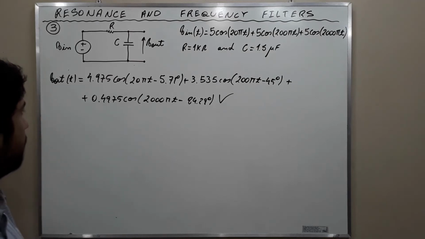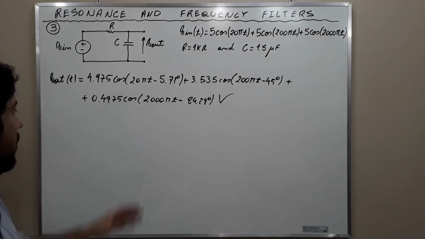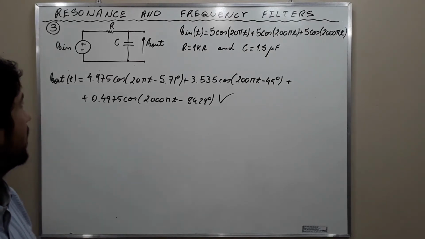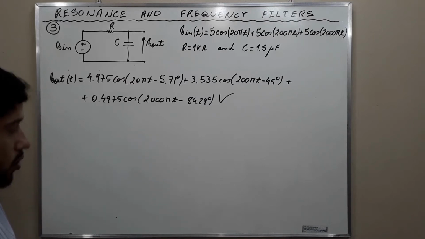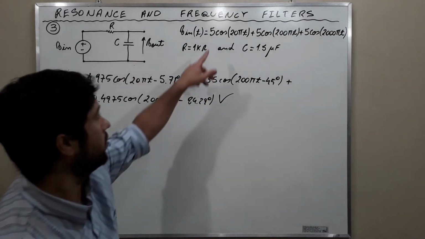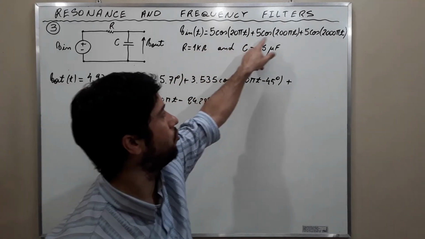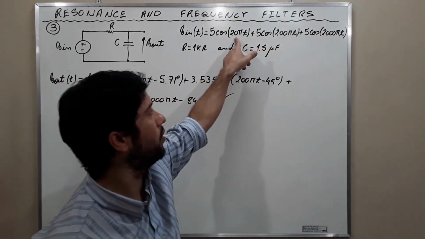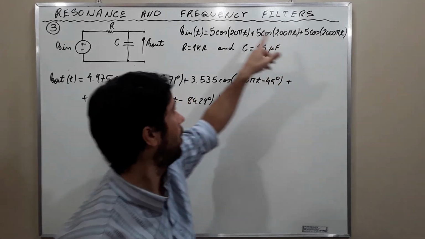Okay, my friends, this is the result of exercise 3, and notice the conclusion that we take from this is that the lower the frequency, the less the signal will be attenuated by the filter. They have the same magnitude, but the frequency is different.